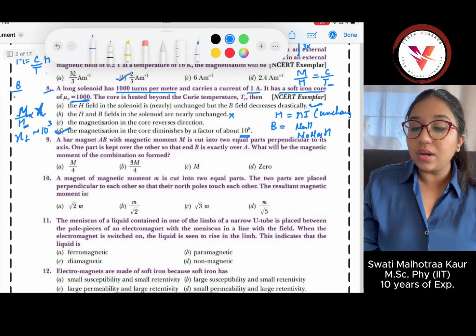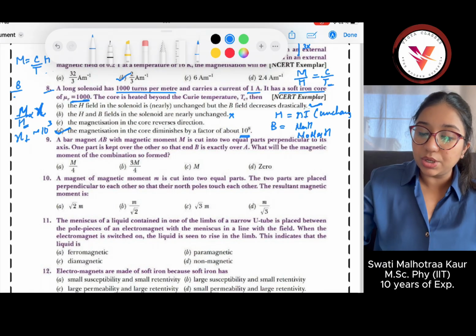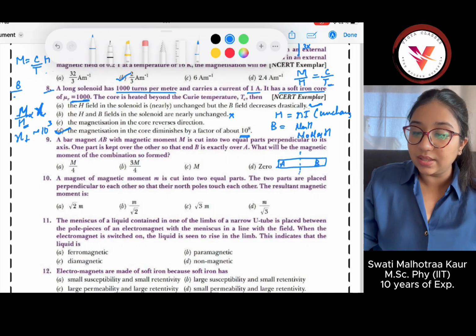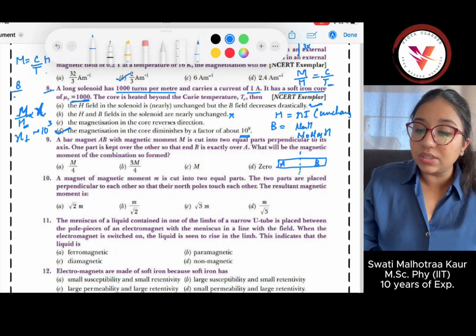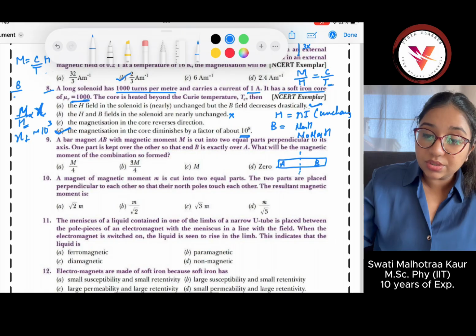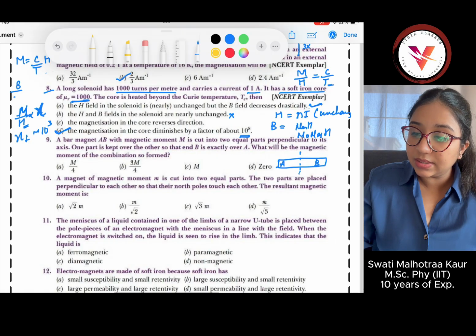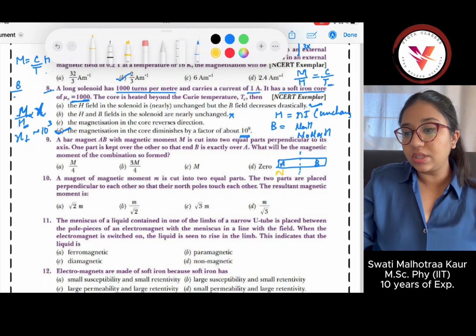Okay, so in question nine, a bar magnet AB with magnetic moment M is cut into two equal parts perpendicular to its axis. Let's say this is a magnet A and B. It is cut perpendicular like this. One part is kept over the other so that the end B is exactly over A. Let's say A is north pole, it's not given, so let's say north, this is south.